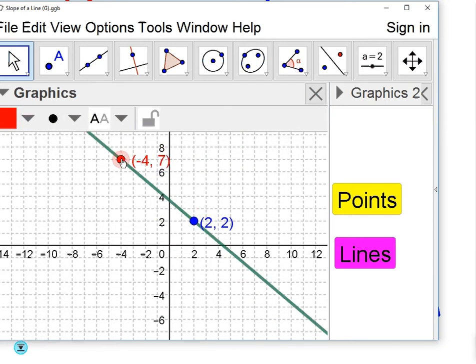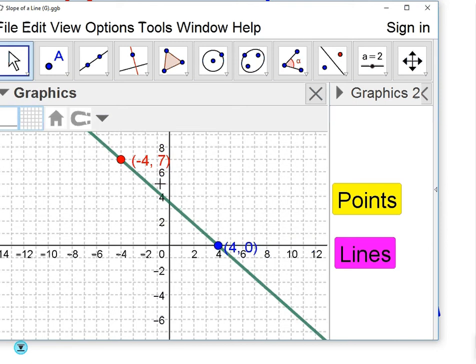Or we can move the line over here. To get the vertical rise, you could do 7 minus 0, which is 7, so it goes up 7 units. To get the change in x, you could just do 4 minus -4, which would be positive 8.